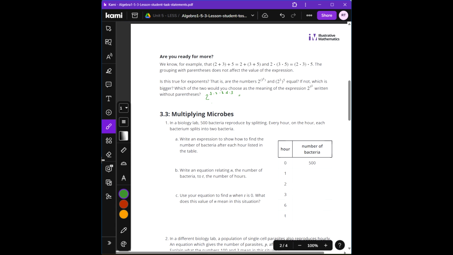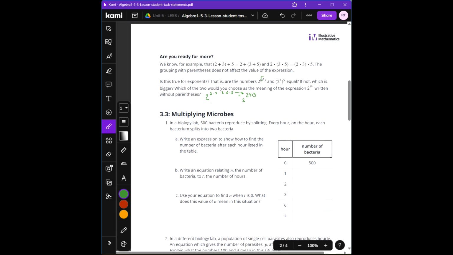And this is going to give me 243. So this right here is 243. So this is going to give me 2 to the 243rd, because 3 times 3 times 3 times 3 times 3 is 243.